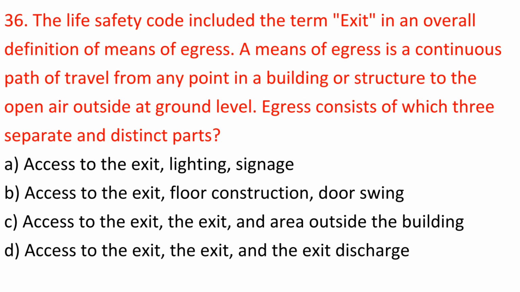B. Access to the exit, floor construction, door swing. C. Access to the exit, and area outside the building. D. Access to the exit, and the exit discharge. Answer. D. Access to the exit, and the exit discharge.